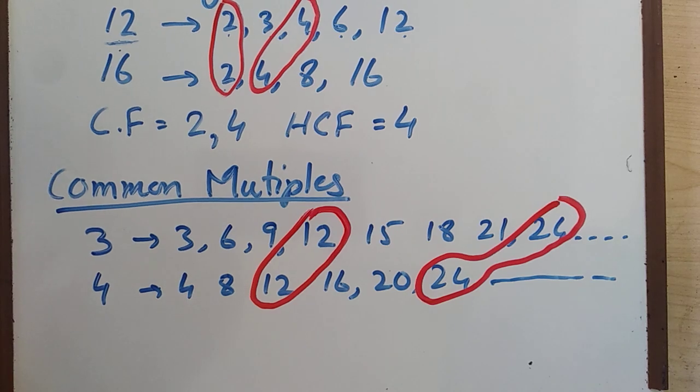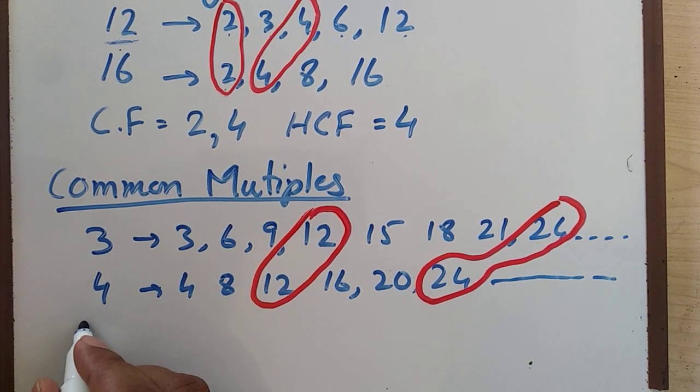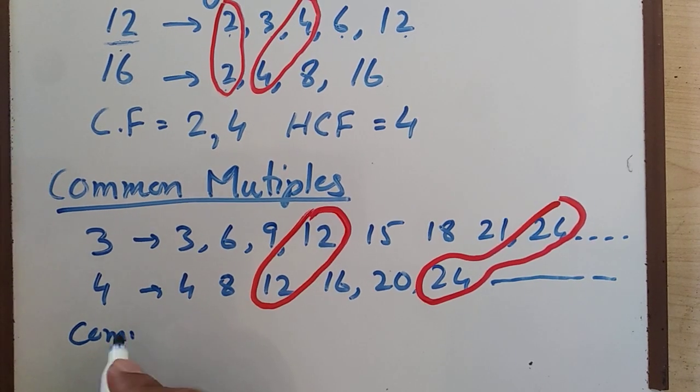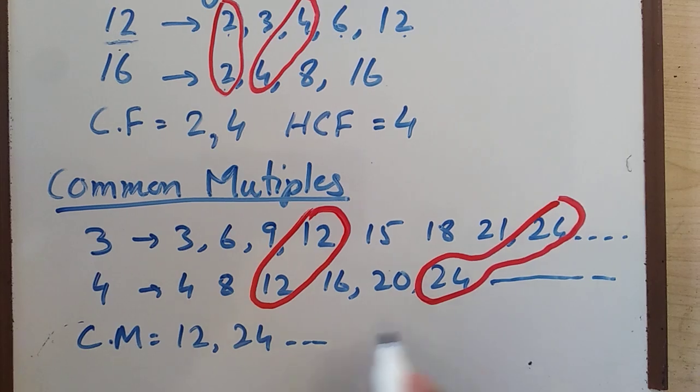So these are common multiples. Common multiples, right? I will write it in short as CM. Common multiples are 12, 24, and there may be more common multiples, right?